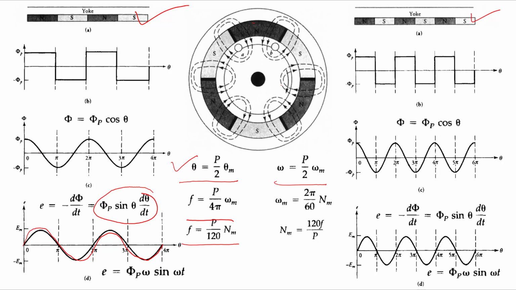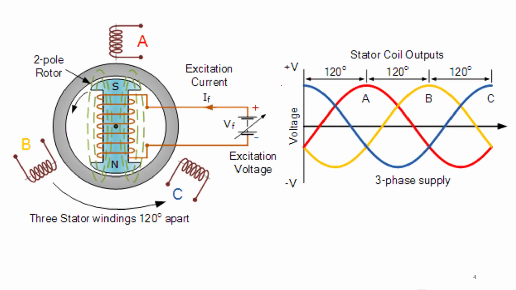Now we'll talk about 3 phase, okay? So this is a 3 phase machine, we can say. As we distributed the single phase winding around the armature, similarly we can also distribute 3 phase windings around the armature spatially 120 degree apart. That means each of the phase winding axis will be apart.